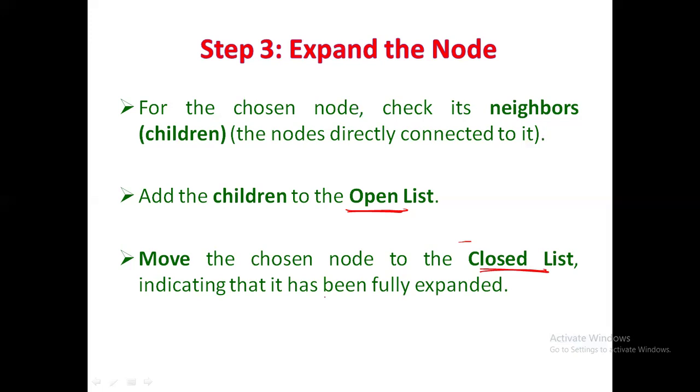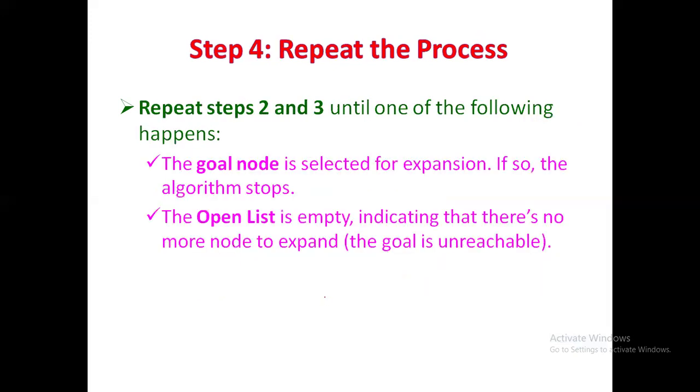The fourth step is to repeat the process. The algorithm proceeds by repeating steps 2 and 3 in a loop. During each iteration, the node with the smallest heuristic value is selected from the open list and expanded to explore its children. This process continues until one of two conditions is met.